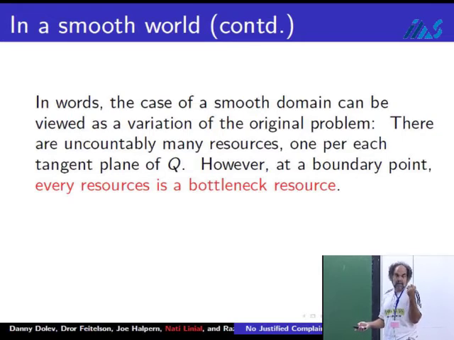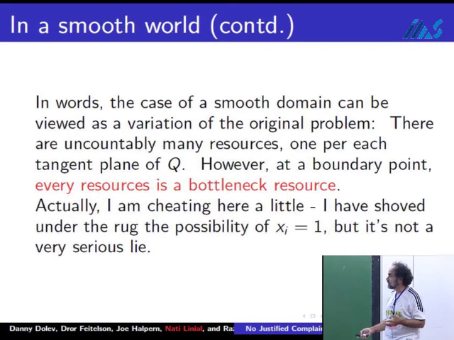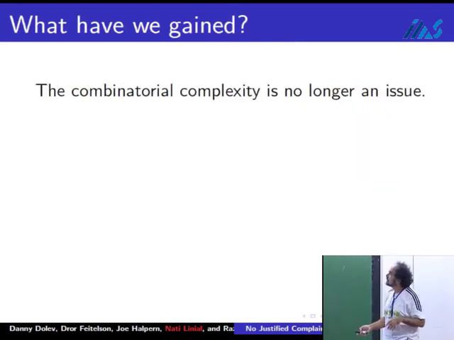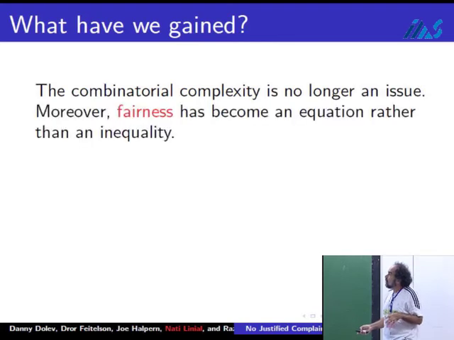So the thing that made the problem difficult before was that the set J was hard to get our hands on. And now, although it's uncountable, every resource is a bottleneck resource. Okay, so now we've completely eliminated the trouble with the combinatorial complexity of the problem.